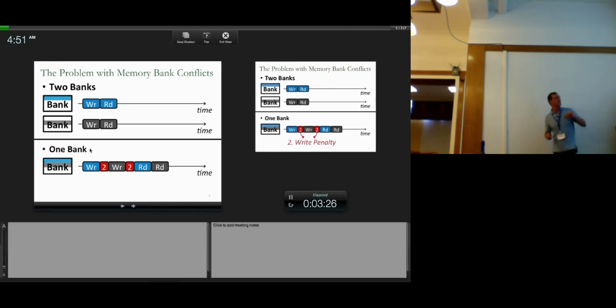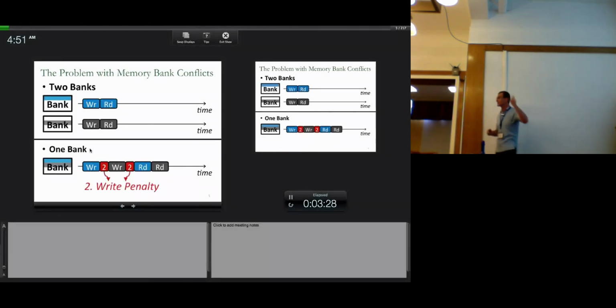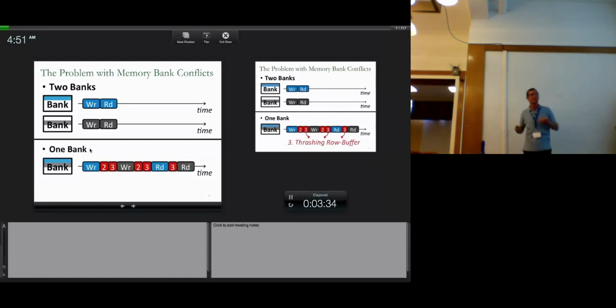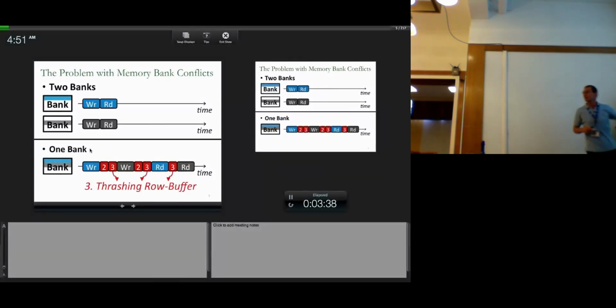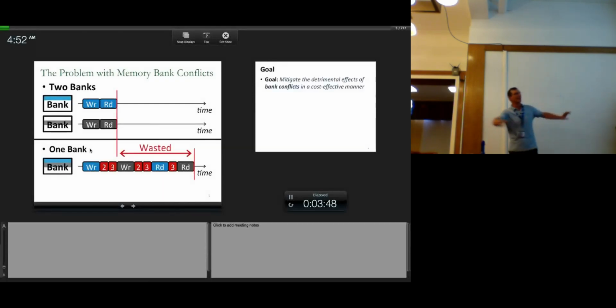The second is you actually have write recovery latency. This is tWR in DRAM. And you get the write penalty after every write access, and that serializes everything even more. And also, you get row buffer thrashing, because there's a single row buffer that's being shared by these accesses, and this goes to the blue row, and this goes to the gray row. So you have these 3 effects that actually lengthen the latency.